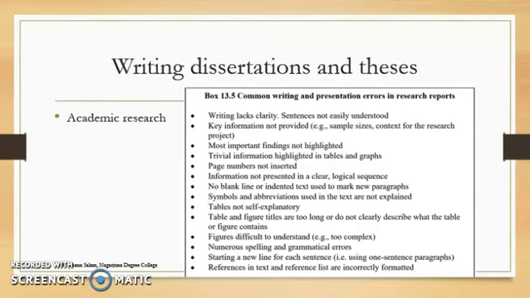People tend to write difficult terms that are too complex, and there should not be any errors in terms of spelling and grammar. You should not have too many paragraphs or only one paragraph, or not maintain the sentences. At the end you need to mention the references.